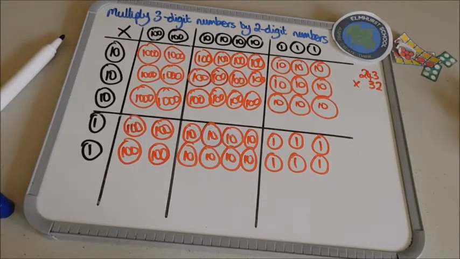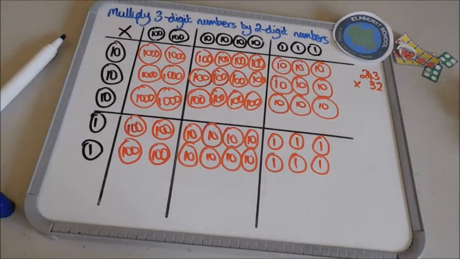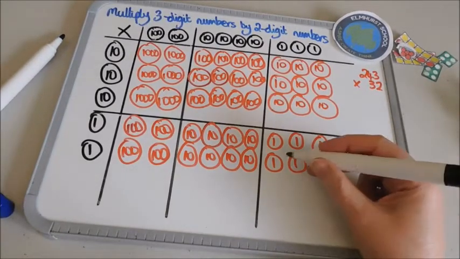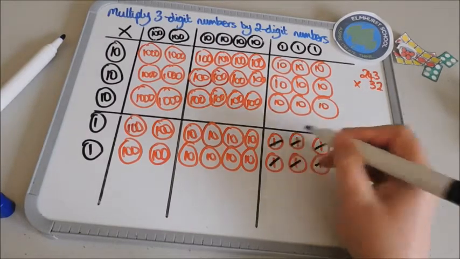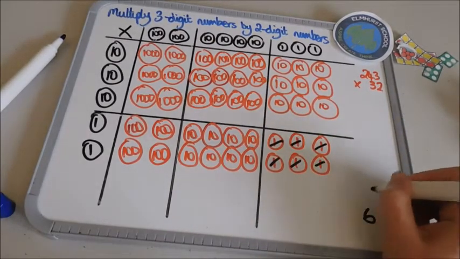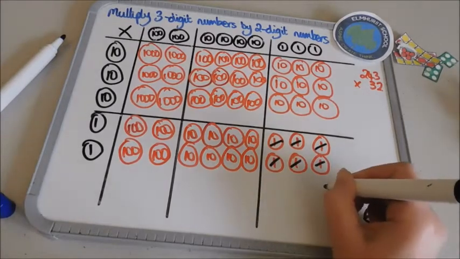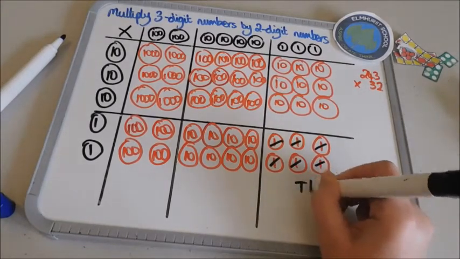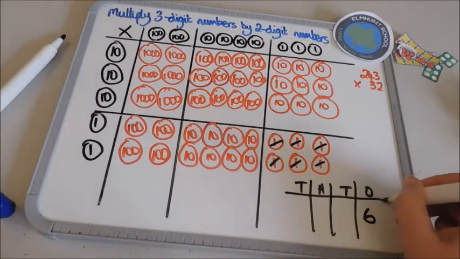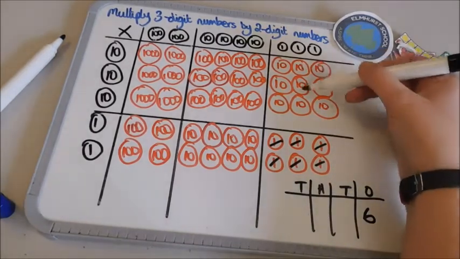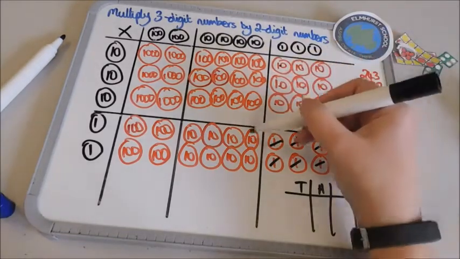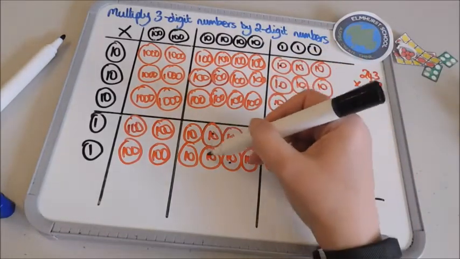Now I'm going to look at how many ones, tens, hundreds and thousands I've got. In terms of ones, I have got 6 ones. How many tens? I count 17.